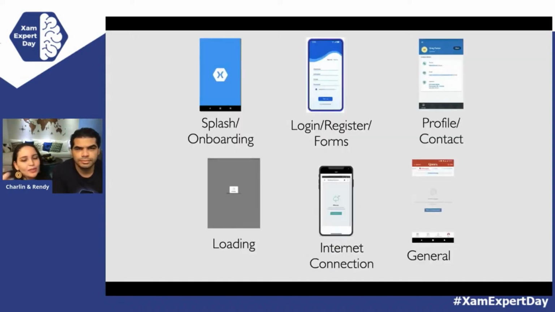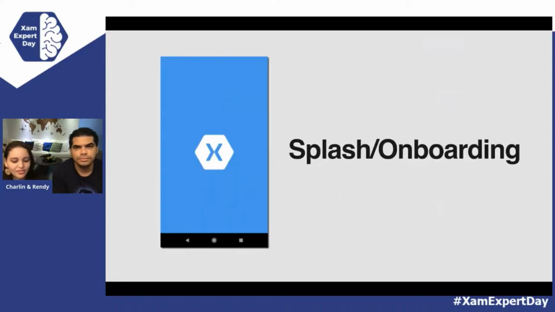This is why we divided the presentation in different subtopics that we are going to cover. So we are going to give you some tips about how you can add and improve your splash, onboarding, login, register forms, profile, contact, loading, internet connection, and general. So let's start with the first one, Rendy.